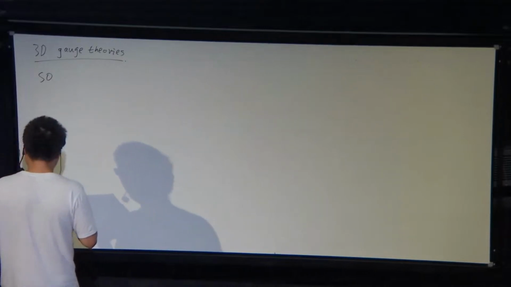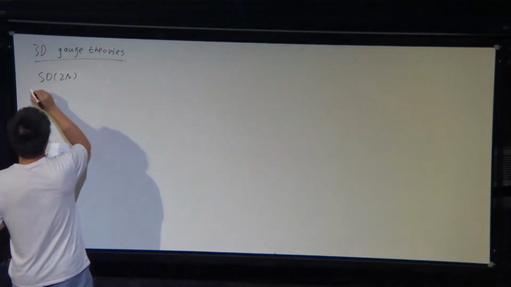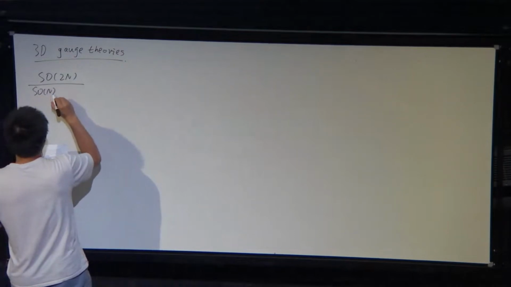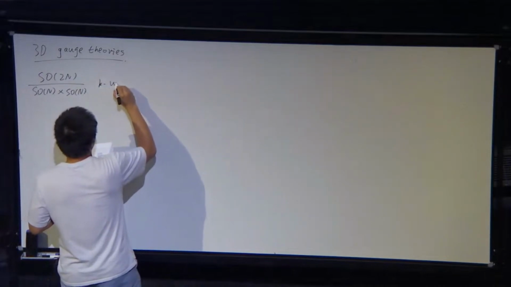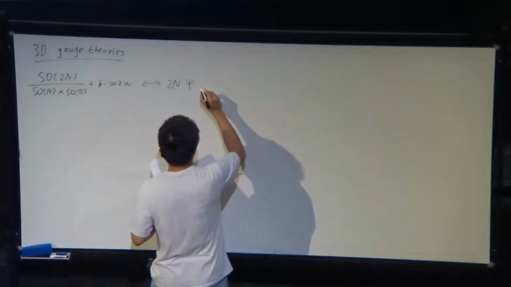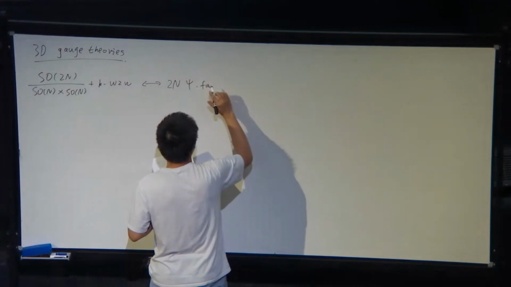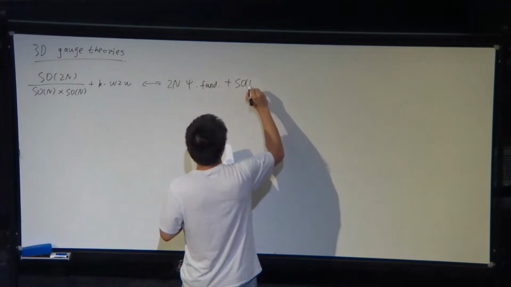Let's say if I want to realize the SOK gauge field, the Grassmannian that I will have is the SON Grassmannian with the Weissenberg-Witten term, and that will give me 2N flavors of fundamental fermions coupled with the SOK gauge field.